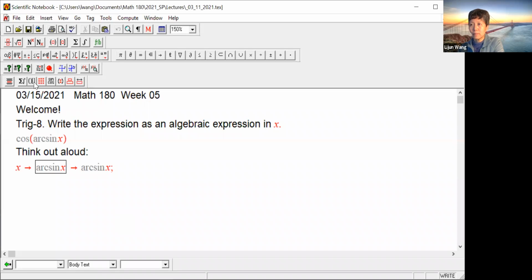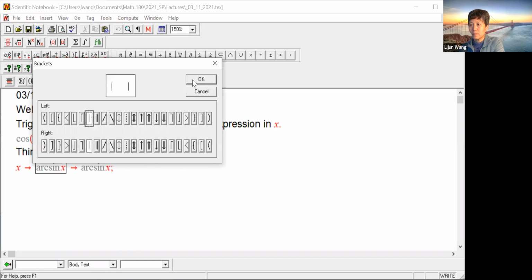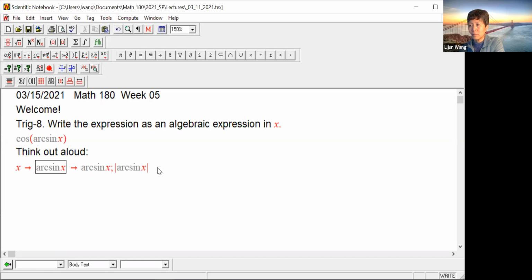The input is a ratio from -1 to 1, and the output is an angle.